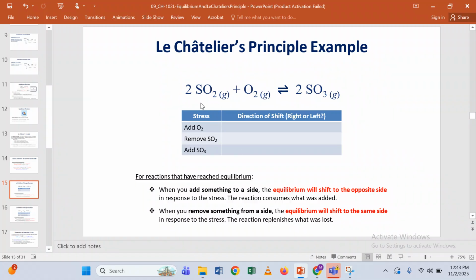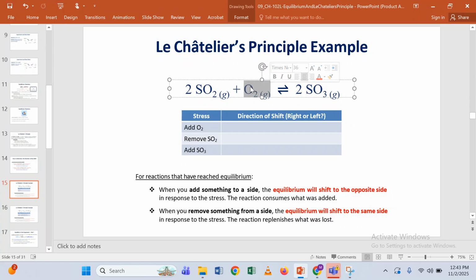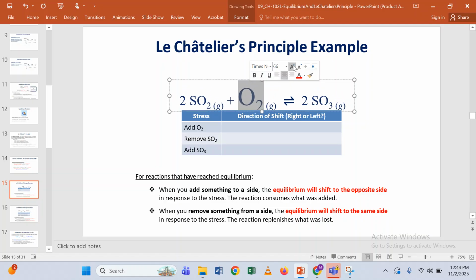So this is the system that we are looking at. 2SO2 plus O2 is in equilibrium with 2SO3. Now the question says, what happens when we add oxygen? As you see, oxygen is on the left side. If you keep adding more and more oxygen, the system does not want the added oxygen.